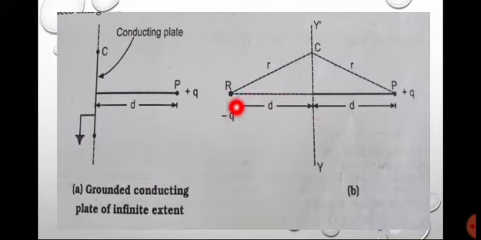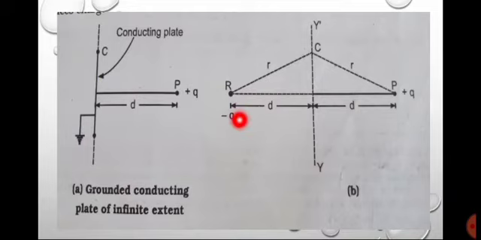We have to imagine that minus q is also placed at distance d from this plane. Since the charges plus q and minus q are at equal distances from every point of the plane surface, the potential at any point on the surface due to these charges is zero.